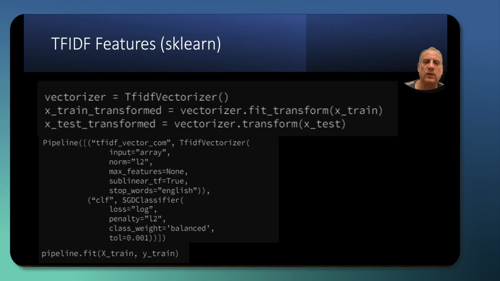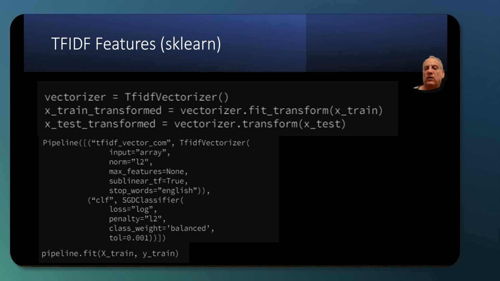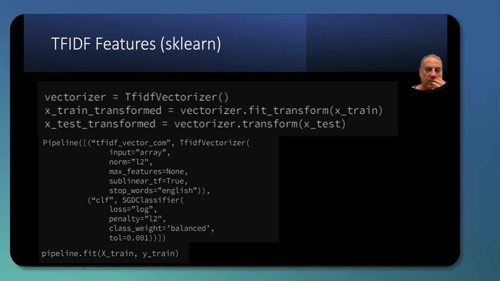And so we could turn that into a sparse vector, and we could use the sklearn TF-IDF vectorizer, and then we have our training documents, which is our corpus of all of our documents.